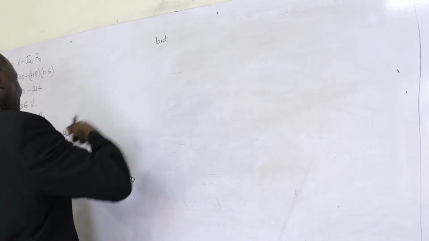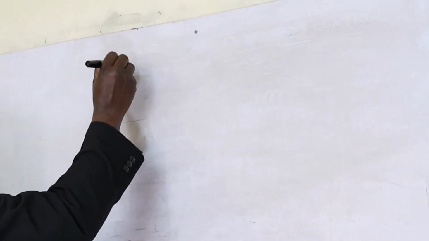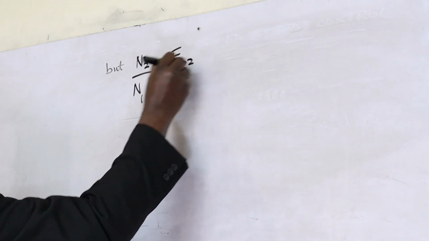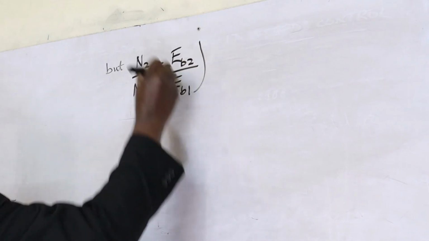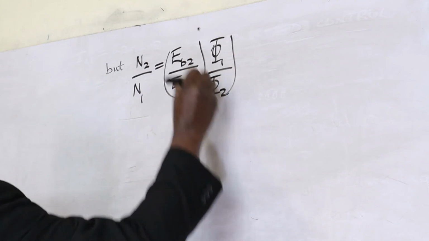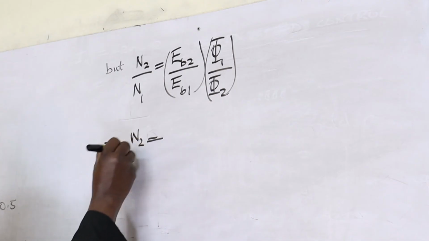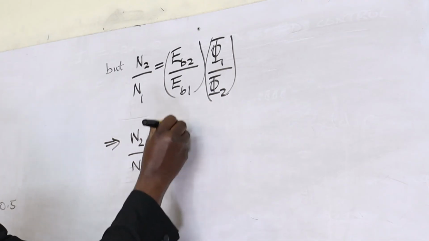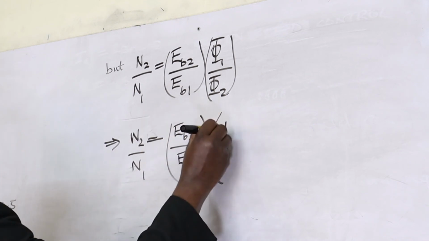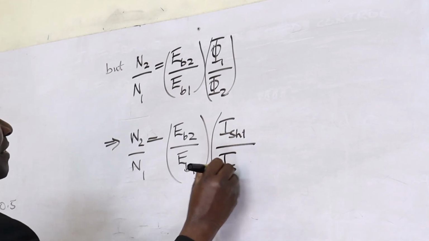But you know, N2 all over N1 is equal to EB2 all over EB1 multiplied by phi 1 all over phi 2, which is the same as I shunt 1 all over I shunt 2.